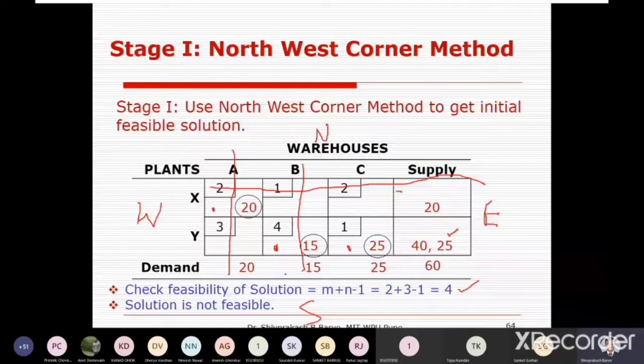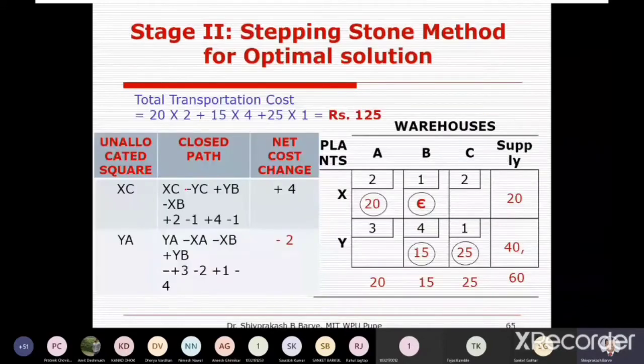Now, if we want to use the transportation techniques, we have to make it feasible by adding epsilon to the solution. So how do we add epsilon here? We got this solution with 20, 15 and 25, these 3 allocations. Now check the unallocated cells: XB with 1 unit cost, XC with 2 unit cost, YA with 3 unit cost.